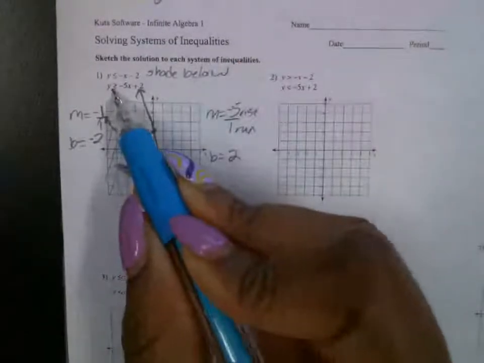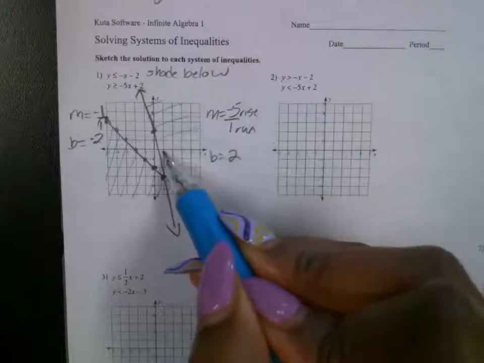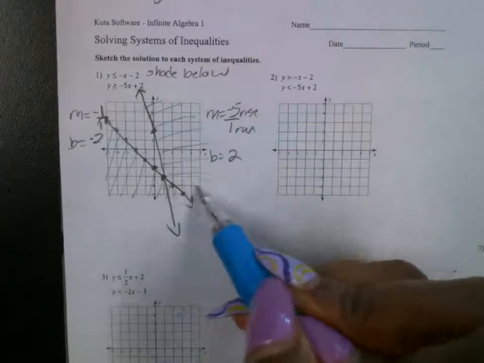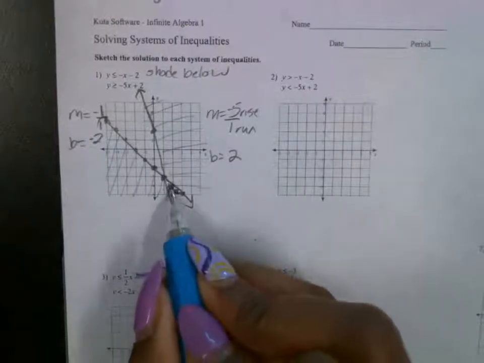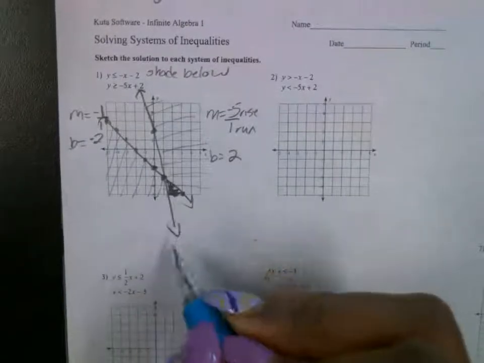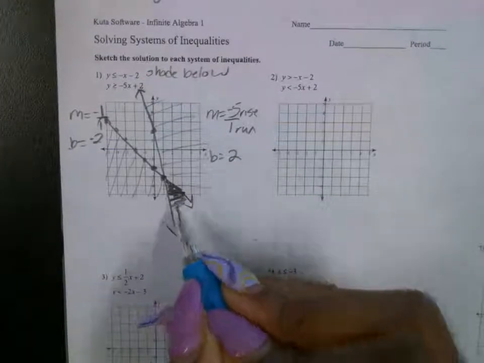And this is greater than, so I'm shading above. So the overlapping region is right in here. This is where they overlap. Okay. So I'm going to erase the rest of this.